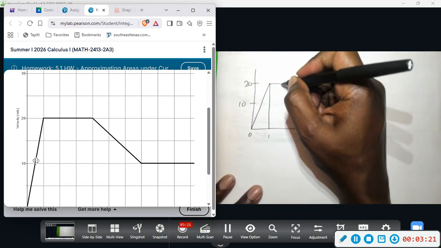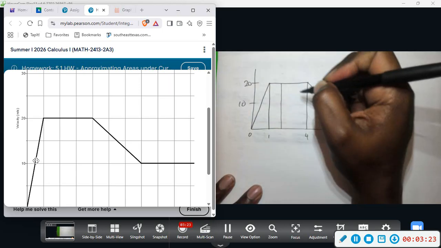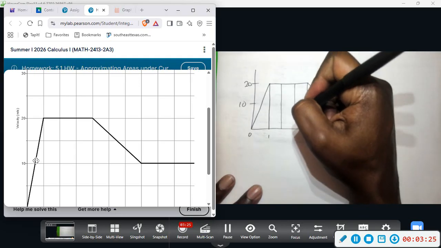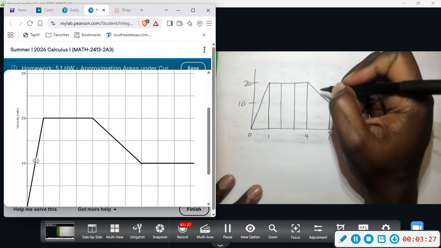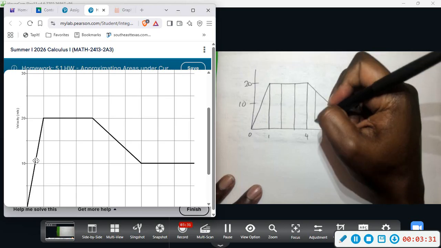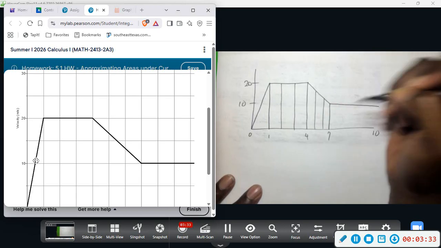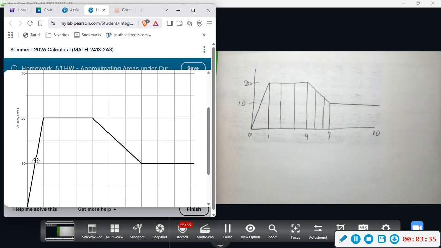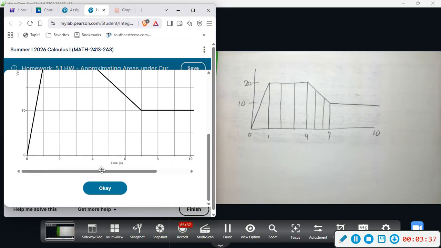I should put 1, 2, 3, 4. There'll be a 5 and a 6 in here, and so forth and so on. All right, that'll help a little bit better.